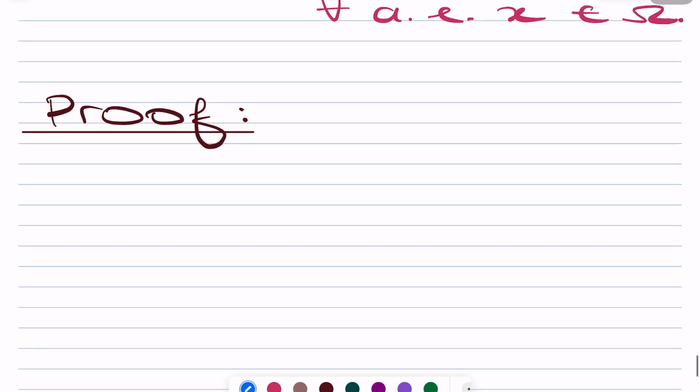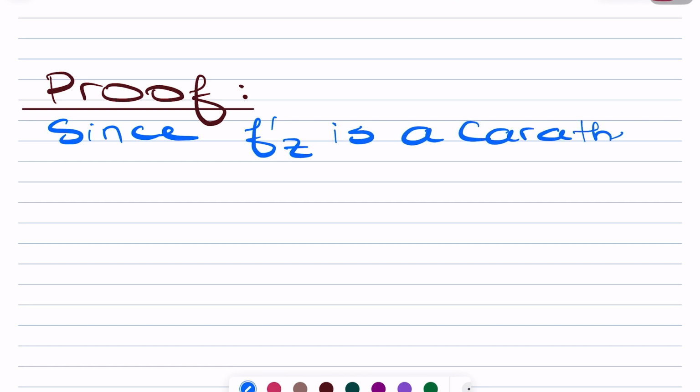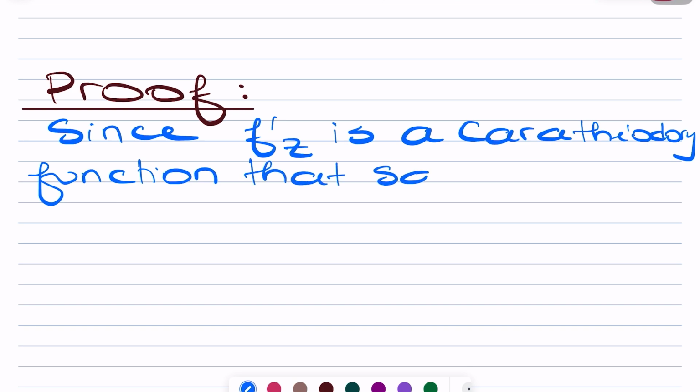Okay, now since f prime of z is a Caratheodory function, this is by assumption, the partial derivative of f with respect to z.